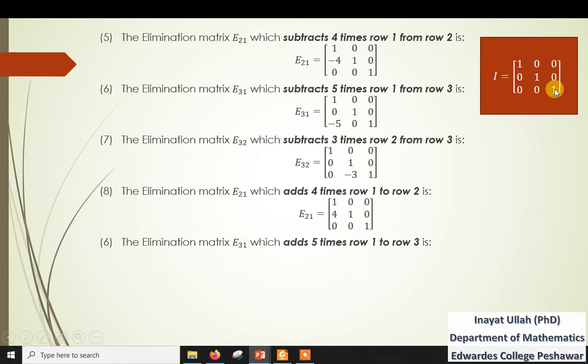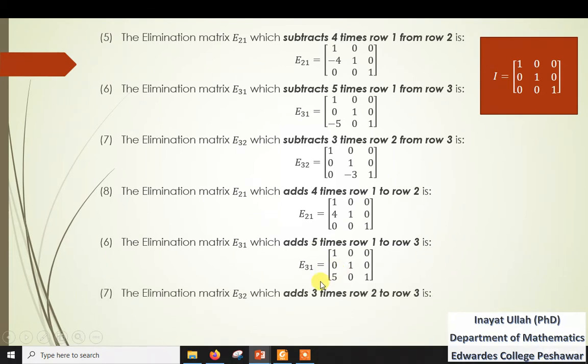So that is row 3 and that is row 1. Changes will occur in this row 3, and we will change that 0 above which there is 1 in row 1. So this 0 will change to plus 5. Just look at that. That is plus 5.